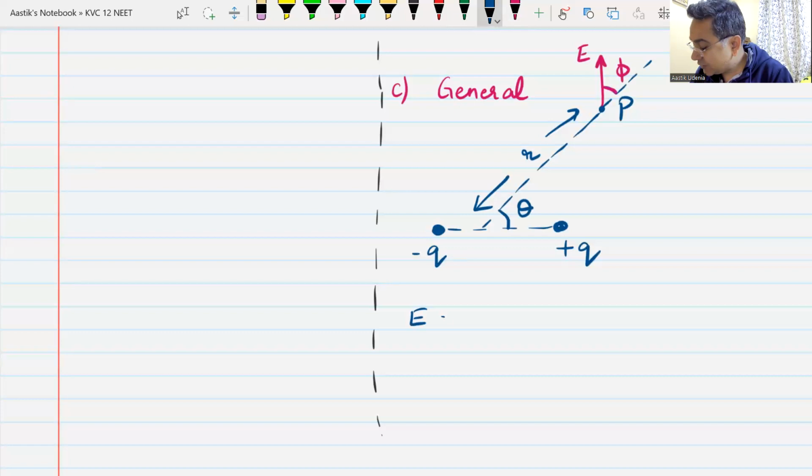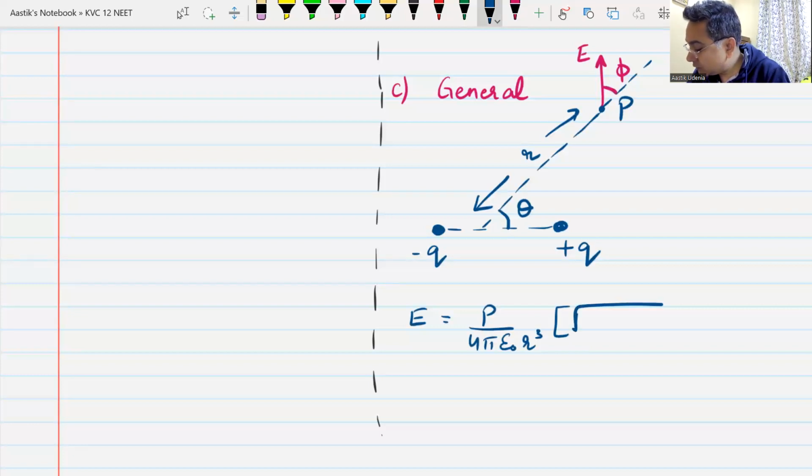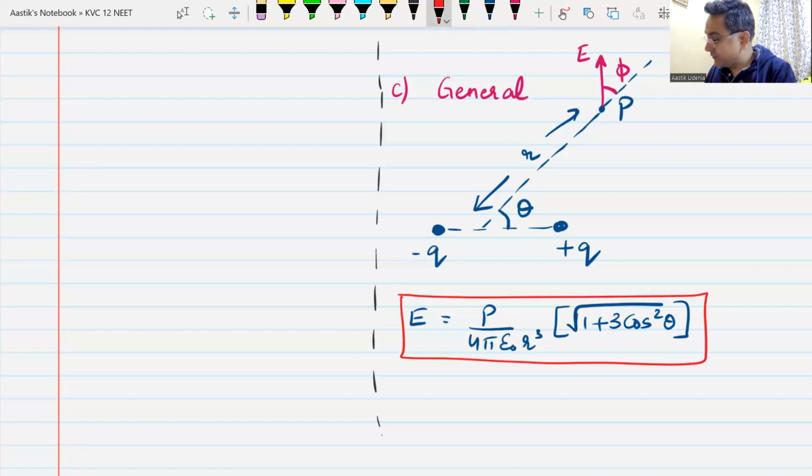The value of electric field will be given by P by 4 pi epsilon naught r cube into root over 1 plus 3 cos square theta. That is the value of electric field at any general point.